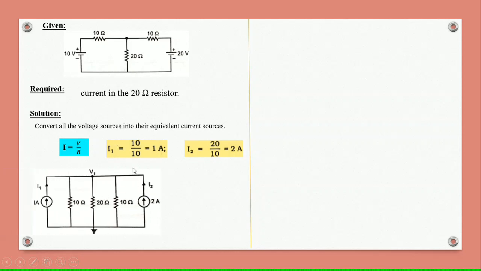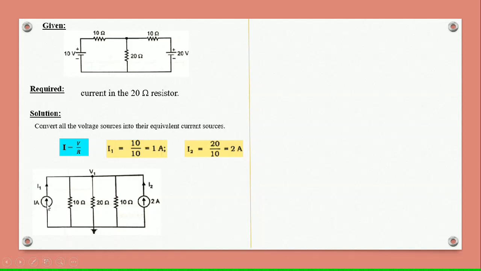Now we have drawn the modified circuit diagram from the given circuit diagram. As I said earlier, V1 is the nodal point at which two or more branches meet each other. So according to the steps we studied earlier, V1 is the point identified as nodal point, and the 10 volt source is converted into a 1 amp current source.